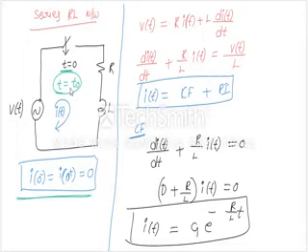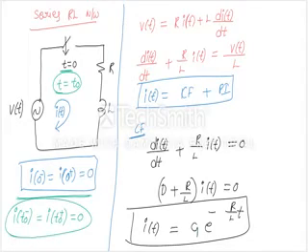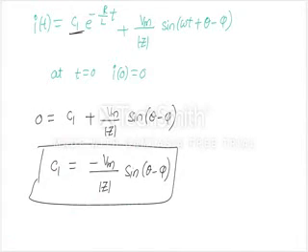Then just before t naught there is no supply. At t equal to t naught the switching action happens, and before that there is no supply. Then I of t naught plus, how much will this value become? 0 now.